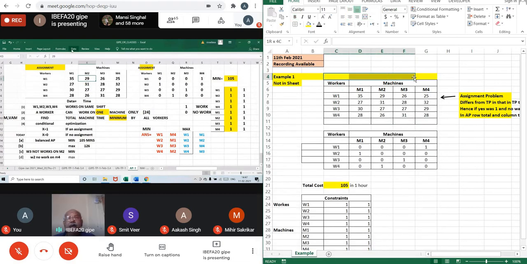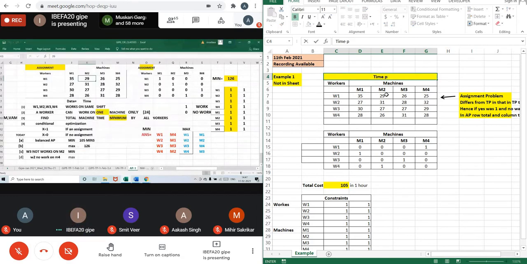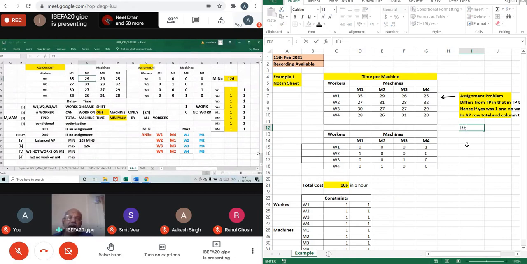So, all the remaining algorithms remain the same. We go for maximization and get the work done. Now, how many units can they complete in 1 hour? Four of them together complete how many units? 126. For 8 hours, how much? Multiplied by 8.